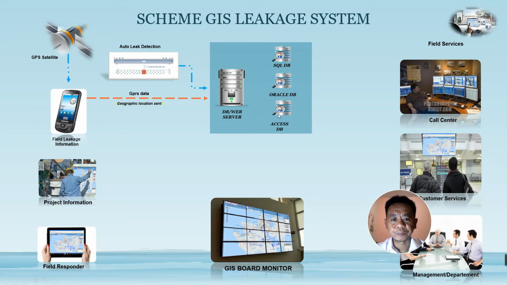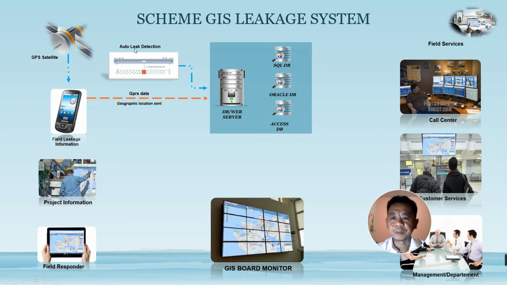We can use SQL, Oracle, or Access, and then a web server for the web application. And the leakage, we can also get from auto leak detection. We have to put a device on the field.